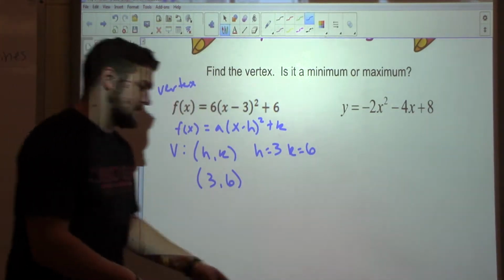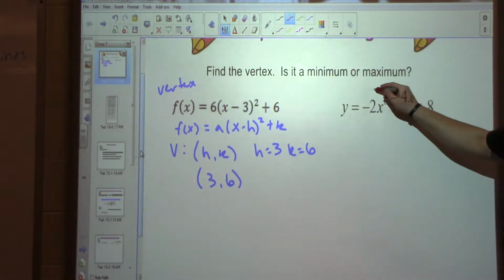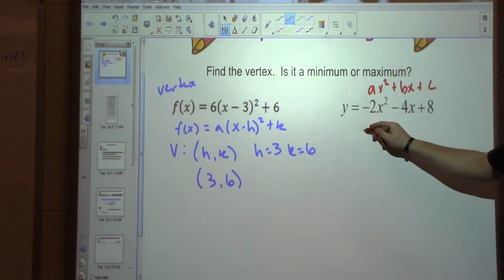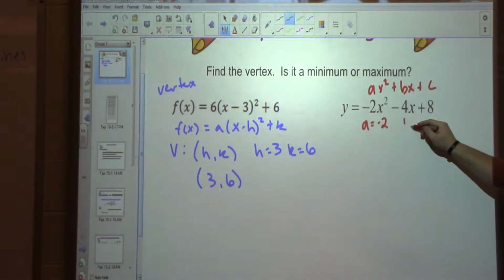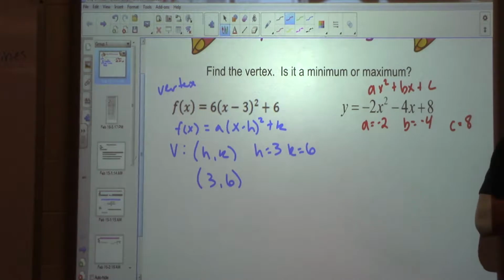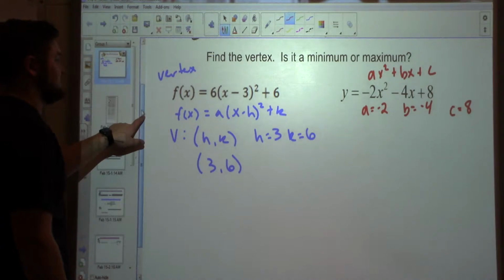Let's find the vertex for the second one. This one's in standard form, ax squared plus bx plus c. So a equals -2, b equals -4, and c equals 8. How do I find the vertex out of this form? -b over 2a.